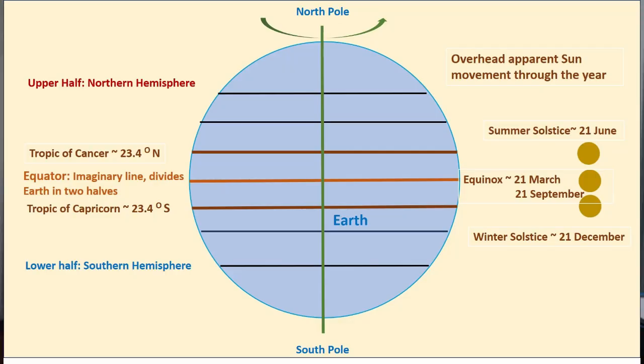So we can clearly see that the Sun basically moves around the equator 23.4 degrees on either side throughout the year. Due to this, the region gets heated up more than the regions nearer to the poles on either side, because of the angle of the sun rays.